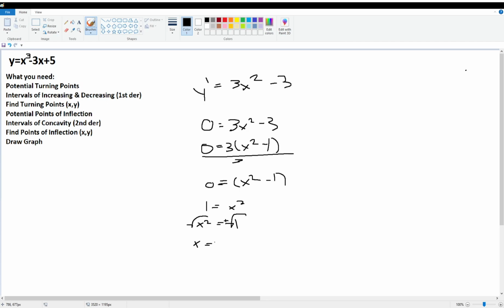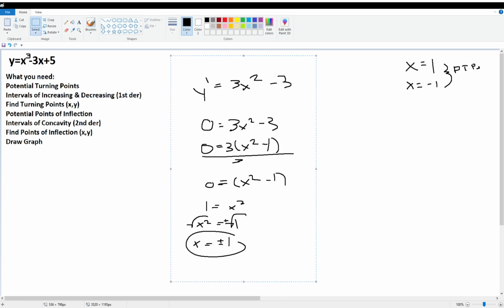So we get x equals plus or minus 1. So those give us our potential turning points. So let's write that in the top left. x equals 1, x equals negative 1. Potential turning points.